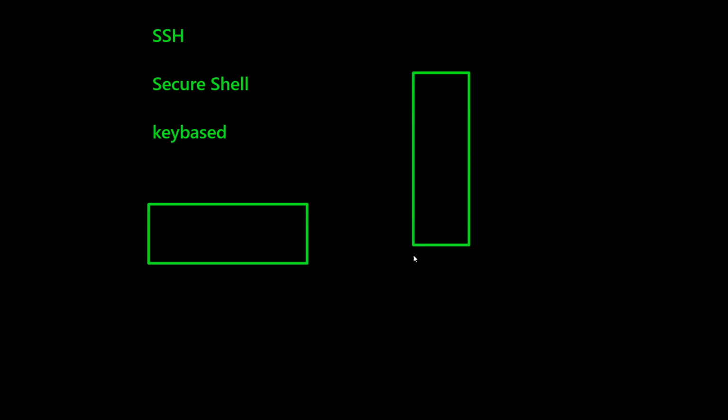And how this works is, let's suppose this is my laptop and this is a remote server I want to connect to. This is the remote server and this is my local machine, which is called the client. Now I want to open a connection from here. So I'll generate a key pair. What are the commands? How do you generate?